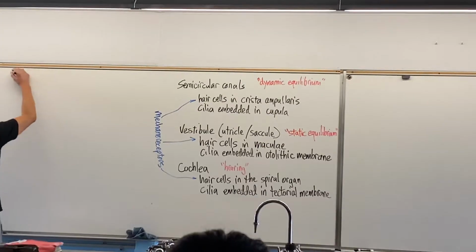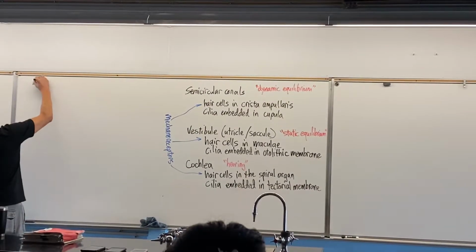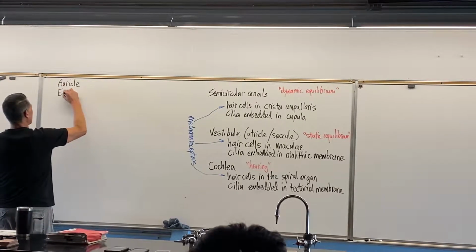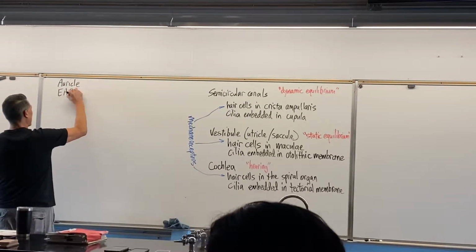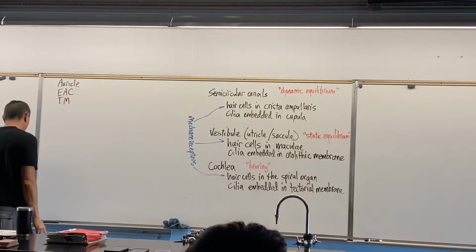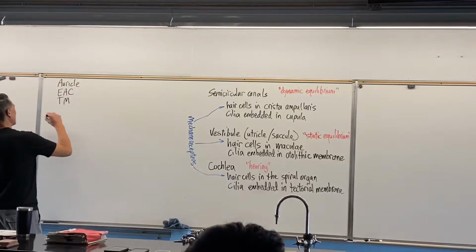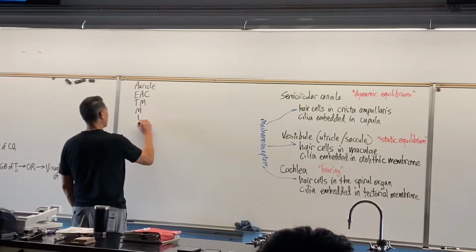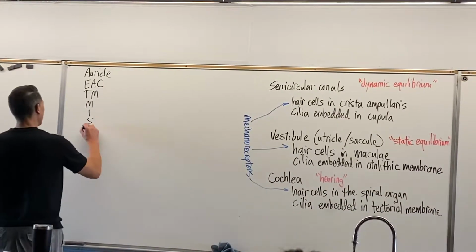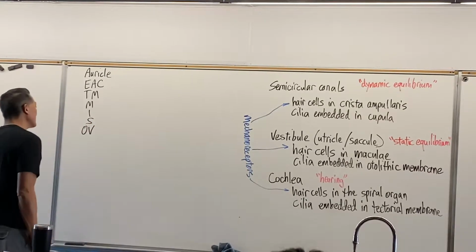They're getting caught in the auricle. External auditory canal. Tympanic membrane. Malleus, incus, stapes. Oval window.